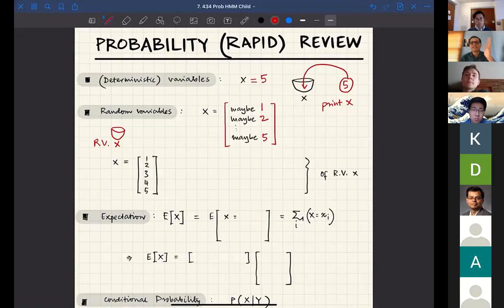Why don't I think of this random variable as a vector where this container x can have any one of those values in that vector. It's not a real vector in the sense a vector typically is thought of as it has all the values, right? But I'm writing this as an abuse of notation where I'm saying, think of this as all the possible values that the random variable can take, put that in a vector. And I'll tell you why this way of thinking might have some benefits.